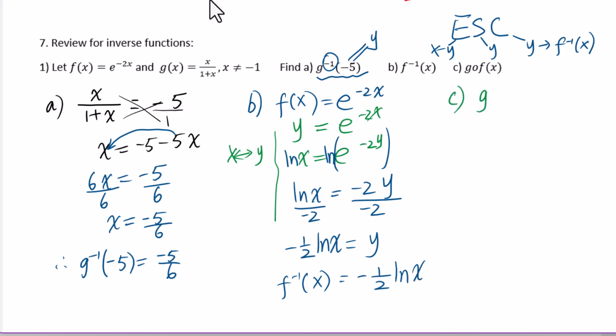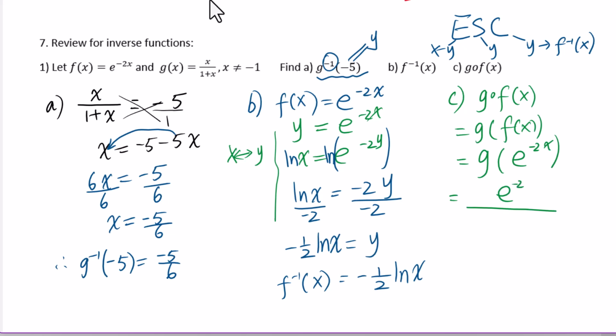Say, g of f of x equals g of f of x. F of x is e to the negative 2x power, which means every single x in g function will be changed into e to the negative 2x power.